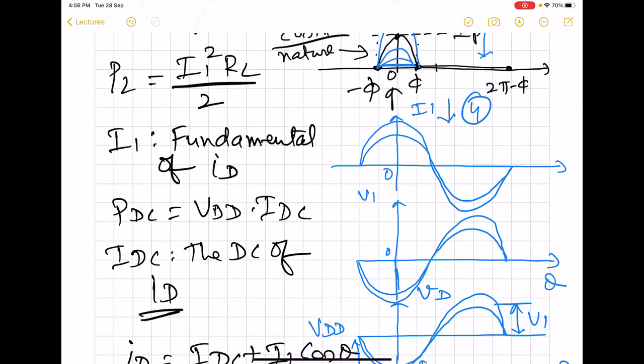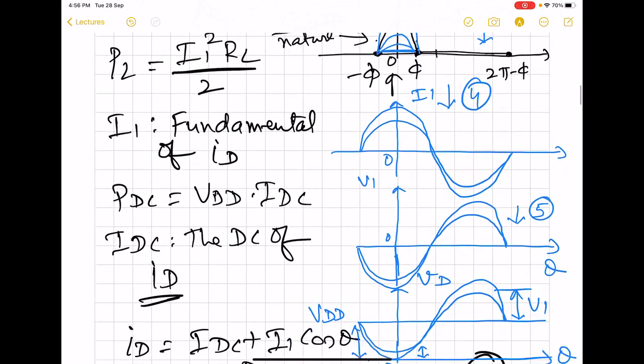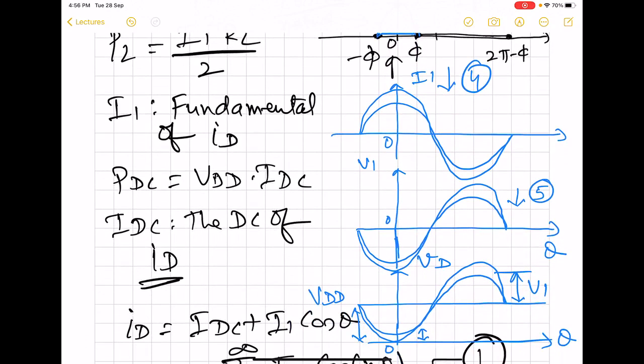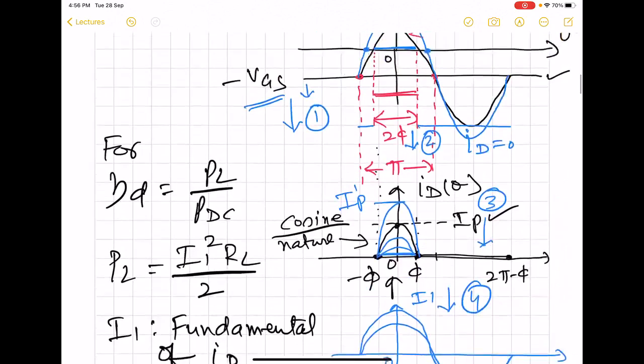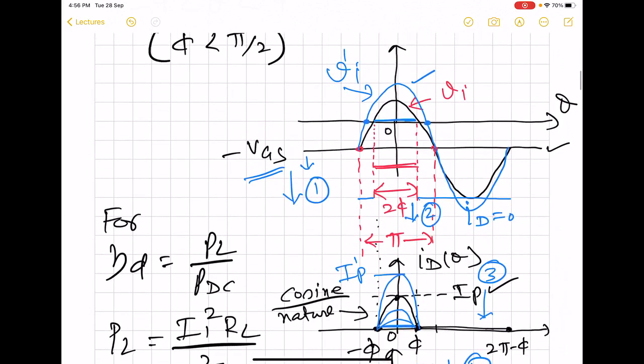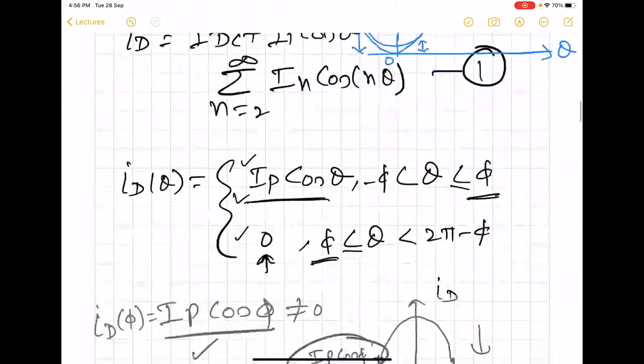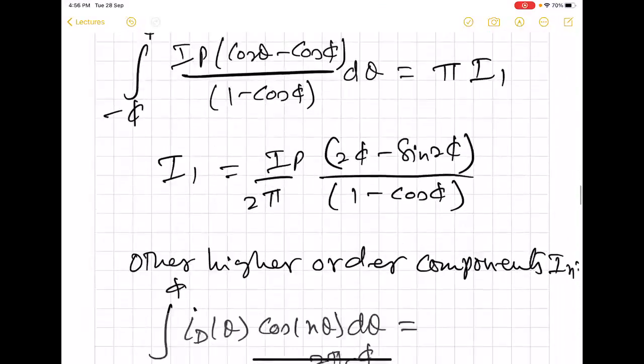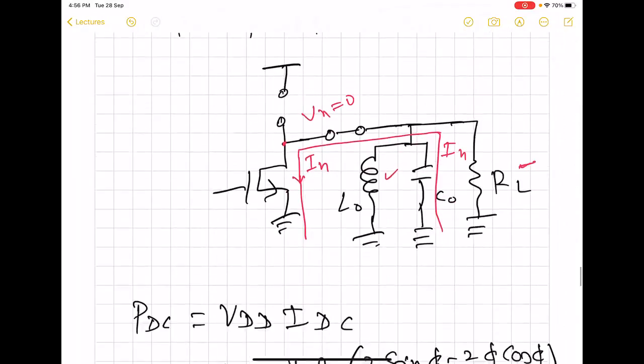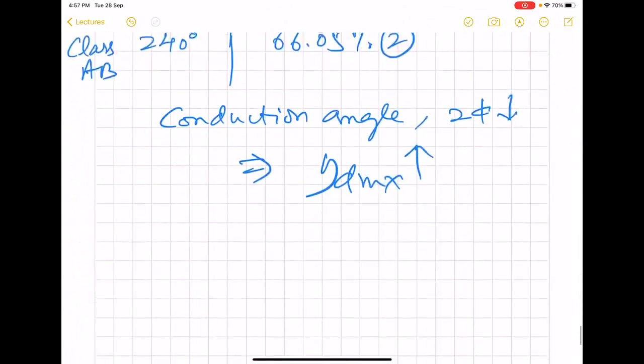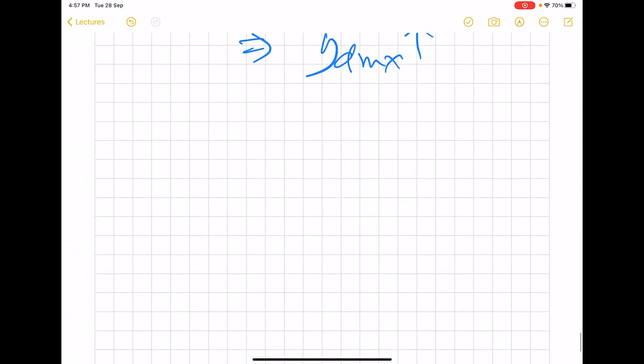So of course these are also going to come down, and power delivered to the load is going to get reduced. So if you want to deliver a certain amount of power, then you will have to increase the input amplitude. So the problem with class C is that although it gives rise to more efficiency, the amount of power delivered gets reduced.